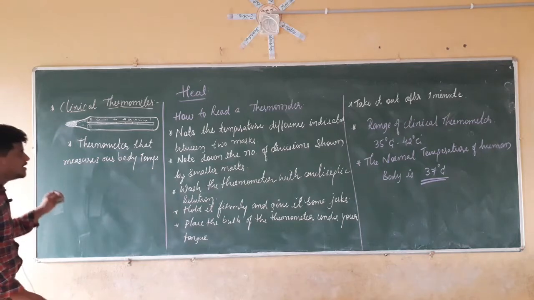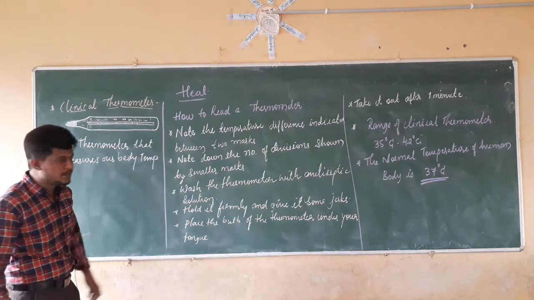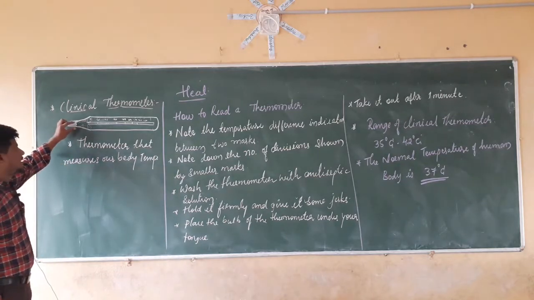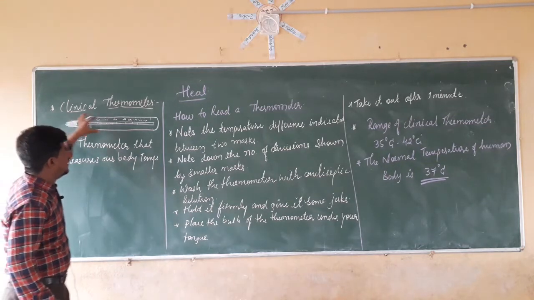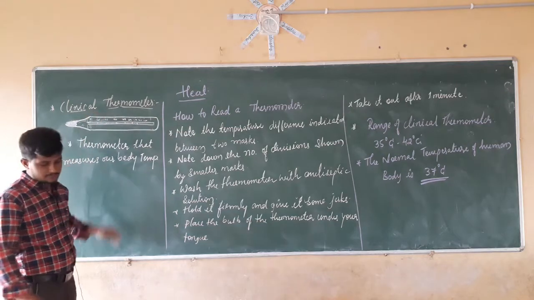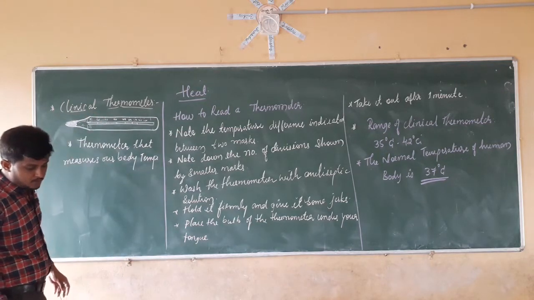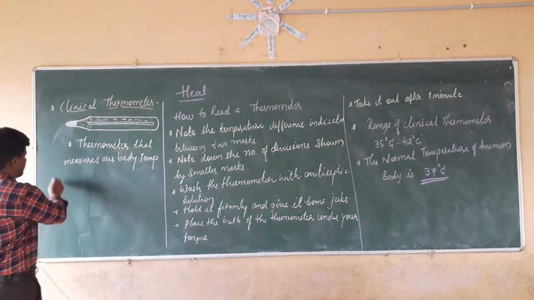Now we are going to see the various parts of the clinical thermometer. How does it look? Here it is smaller, here it is bigger, and here it has uniform length and size. A clinical thermometer consists of a long, narrow, uniform glass tube.